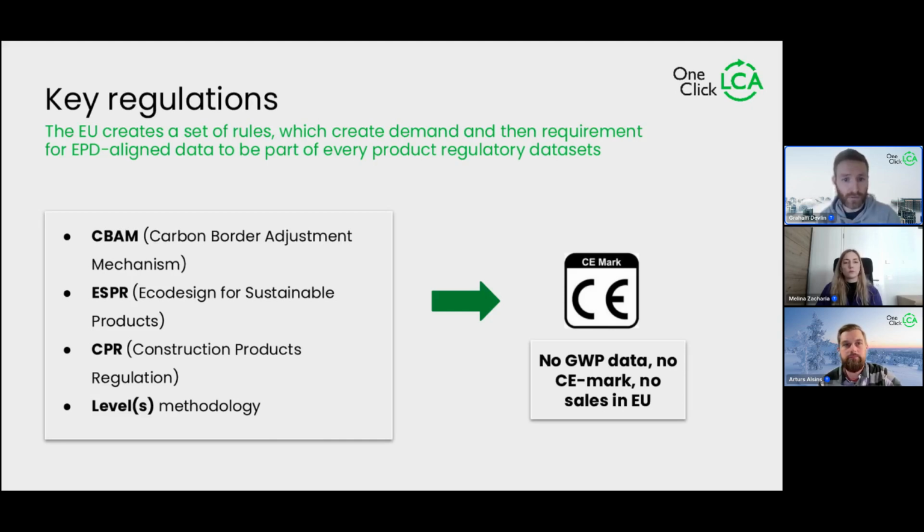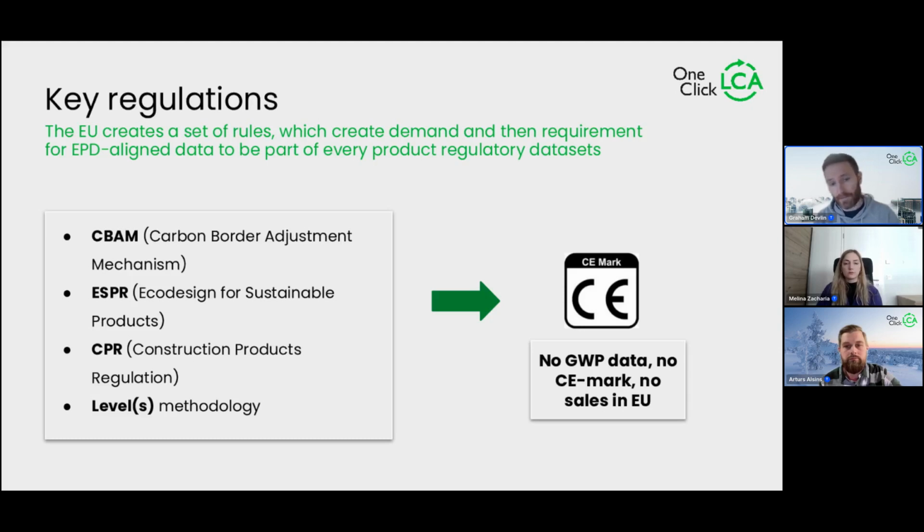The Construction Products Regulation, or CPR, is a set of harmonized rules for the marketing of construction products in the EU. And then we also have Level(s), which has been around for a while now, which is the approach in Europe to assess and report the sustainability performance of buildings throughout their life cycle.